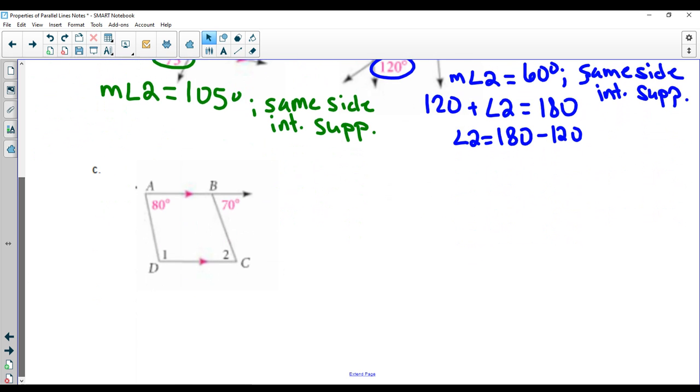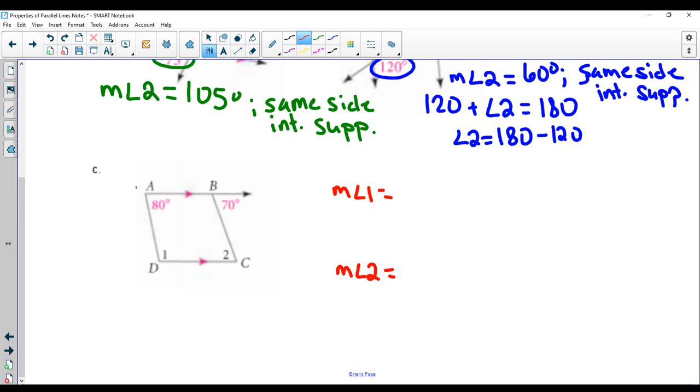Let's go down here to C. We still got an angle 1 and angle 2 defined. So let's do the measure of angle 1 equals that. Measure of angle 2 equals I don't know. So let's look at this picture. You're probably thinking, what's wrong with you, Mr. T? There ain't no parallel lines in that picture. Oh, yes, there is.